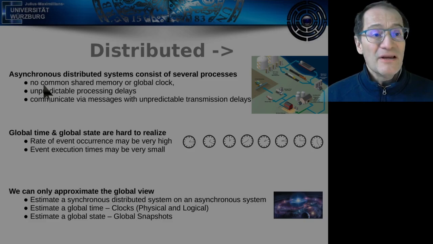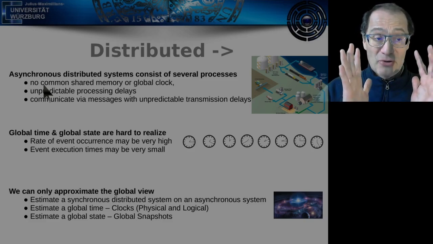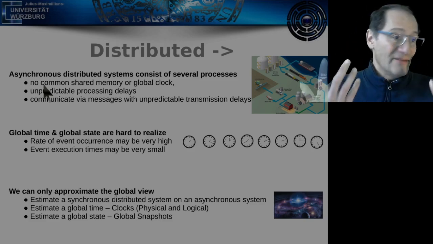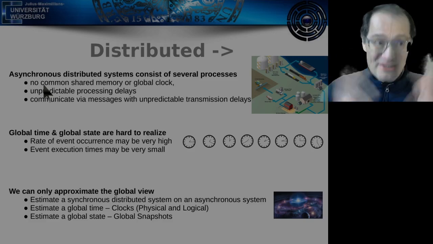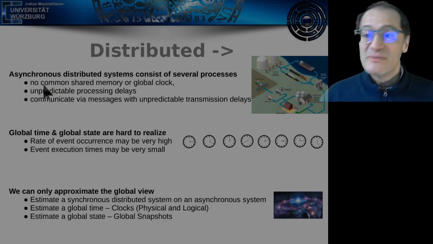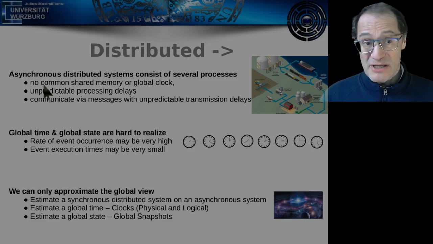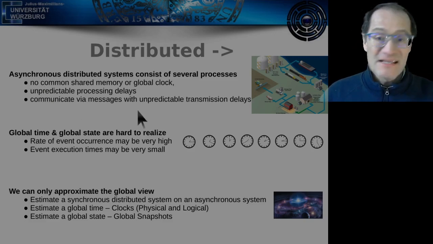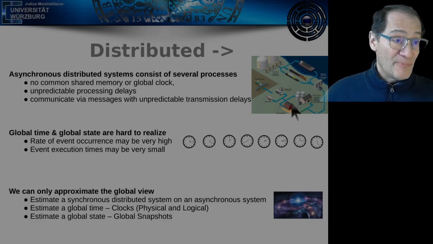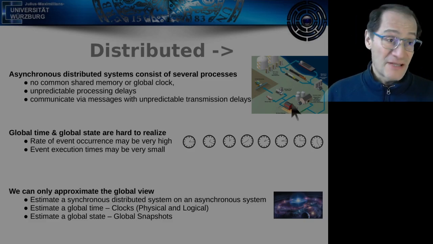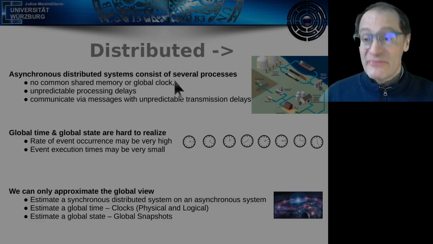As I said before, if we have everything very close together, with maybe 10 different computer nodes in the same box, then it may be possible to have a shared memory and a common clock for all these processors. But if we have a real distributed system like this, or one distributed in different parts of an aeroplane or satellite, then we cannot have shared memory.